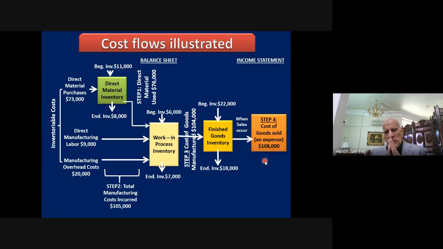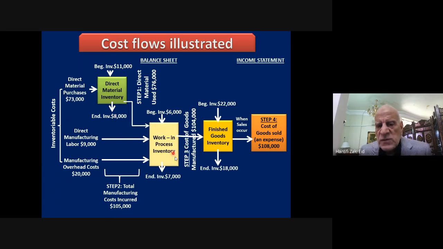And here I would like to stop and make a comment. In all these stages, all these steps, we say that we incur costs. Here we say costs of beginning inventory, cost of materials purchased, cost of materials used.